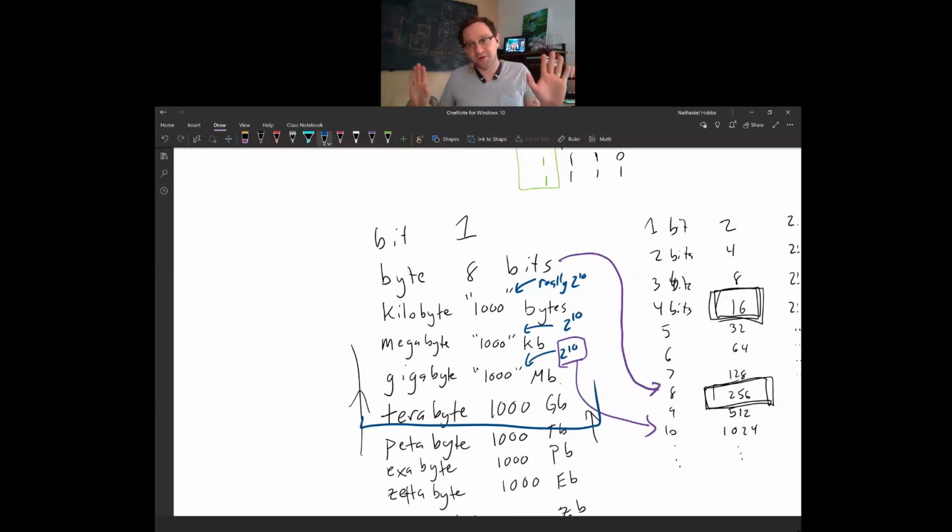So at least know that much. If you're walking through a store and looking at hard drives or data storage devices, have a concept of how much that is. Petabyte, exabyte, zettabyte, that is not anything at the consumer level. That is definitely at the corporate level.